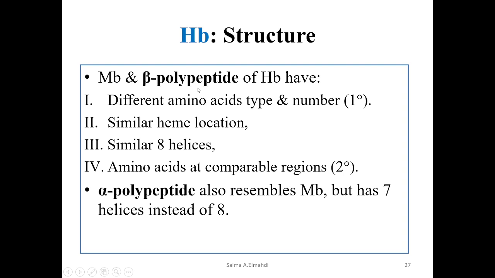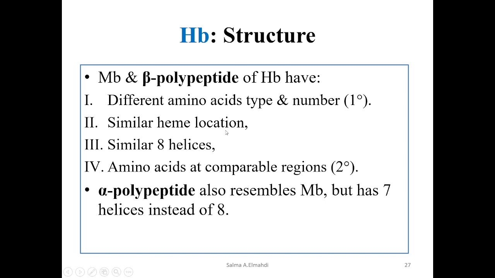Myoglobin and the beta polypeptide of hemoglobin. So the beta polypeptide, or the beta chain, of hemoglobin resembles myoglobin. Both of them are single chains. They have different amino acids in type and number. So they are similar, but the differences include differences in the primary structure, that is the number and sequence of amino acids.